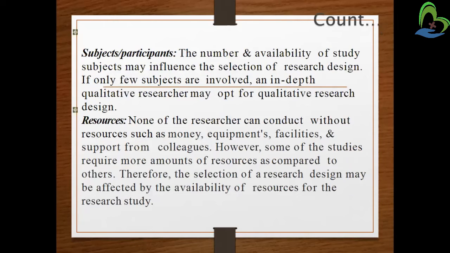Subjects and participants. We have to see their availability and accessibility. We have to study them in depth, so we have to involve them with their interest. Resources: I may not have all the resources I want for the study, and I just go on with the study statement, just the theoretical thing. Let's take an example.